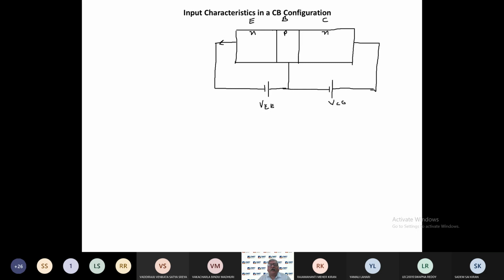And the currents are IE, IB, and IC. See the directions: direction of current IB is inside and IC is also inside.